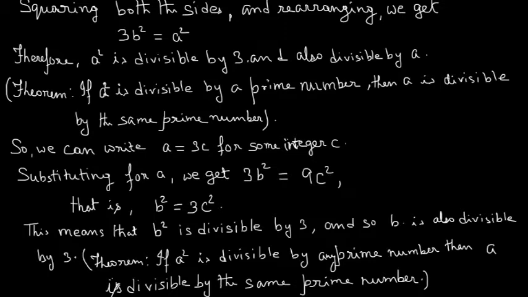Substituting for a, we get 3b square is equal to 9c square. That is, b square is equal to 3c square. This means that b square is divisible by 3, and so b is also divisible by 3. Theorem: if a square is divisible by any prime number, then a is divisible by the same prime number.